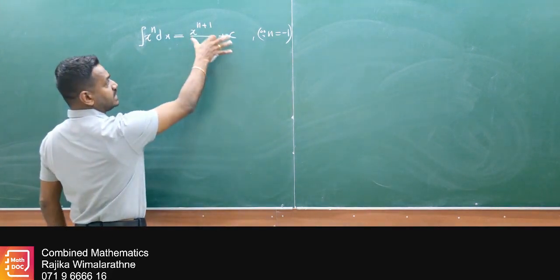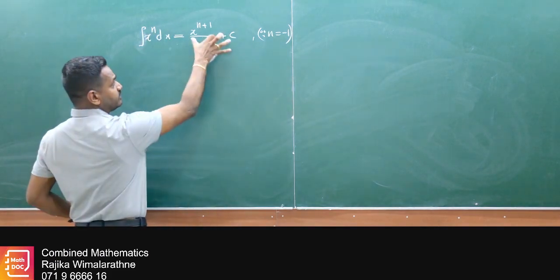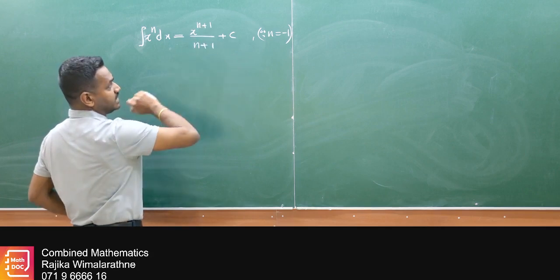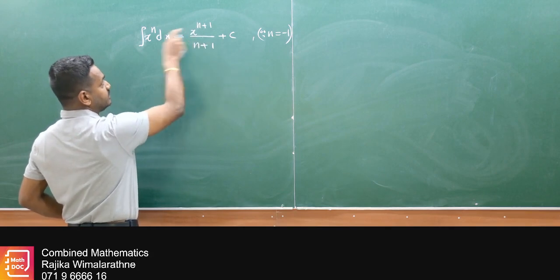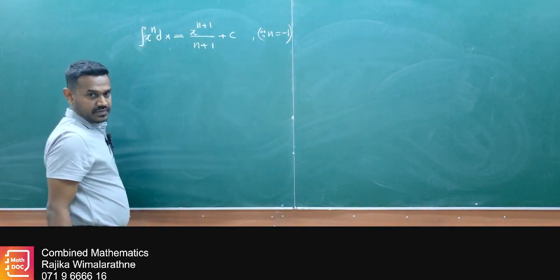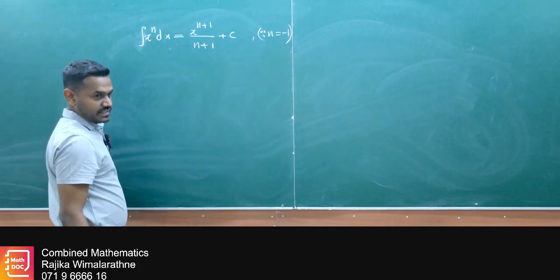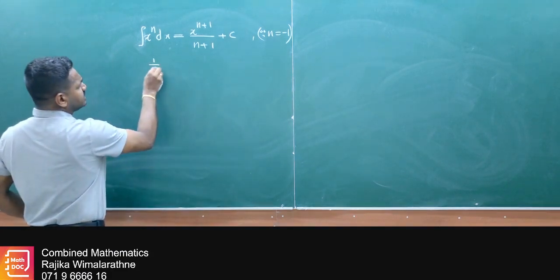If you differentiate the right side, you get the inside function. The derivative of x to the power n plus 1 over n plus 1 is n plus 1 times x to the power n over n plus 1. Cancel n plus 1, we get x to the power n, no? Then just remember the integral of x to the power n is x to the power n plus 1 over n plus 1 plus c, c arbitrary constant. Then the integral of 1 over x dx.